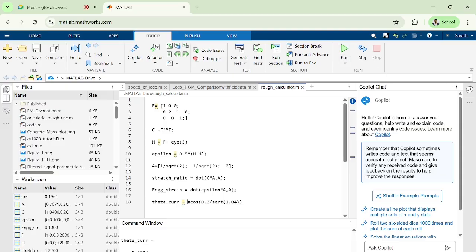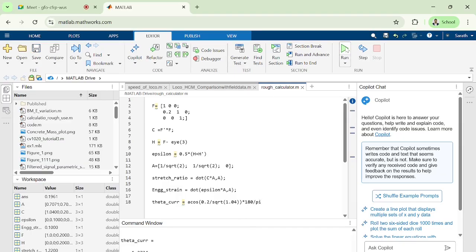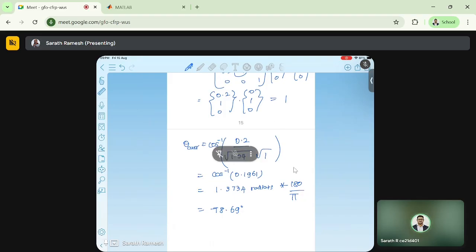We want it in degrees, so multiply by 180 by pi. We are getting 78.69 degrees. This is theta current. Fine. That's it.